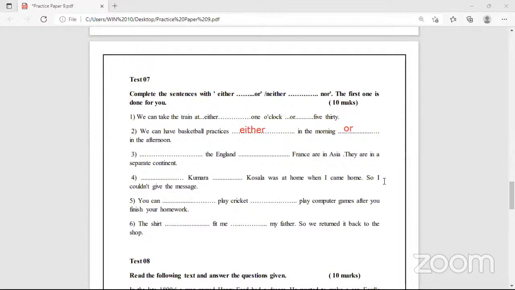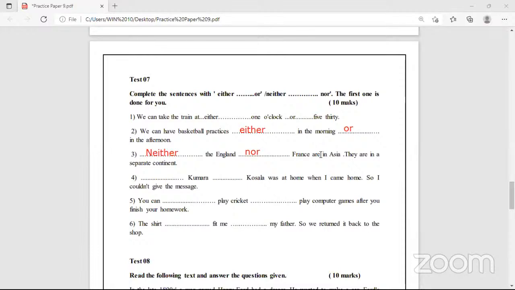England, France are in Asia. They are separate continents, right? So they are not in Asia, right? So there's a negative situation. So we know England and France are not in Asia, right? So we have to use here the conjunctions neither nor. So the sentence is neither England nor France are in Asia. Englandවත් Franceවත් ආසියාවේ නෙමෙයි තියෙන්නේ, right?